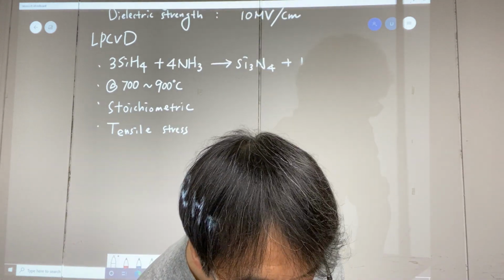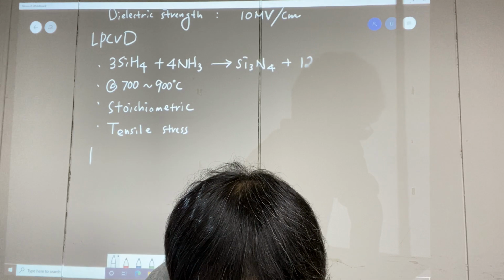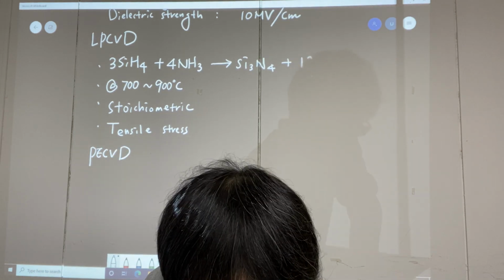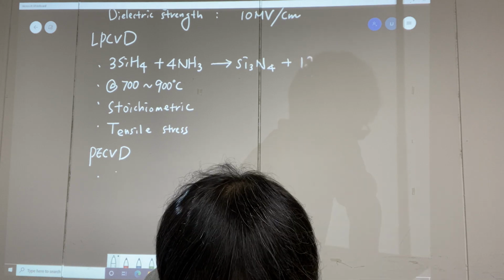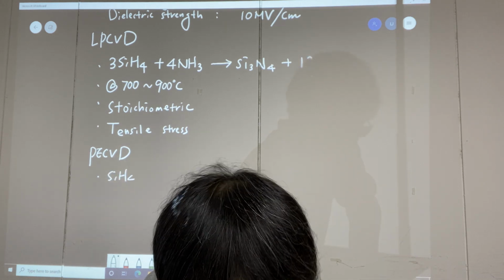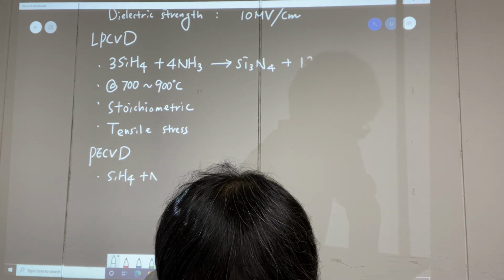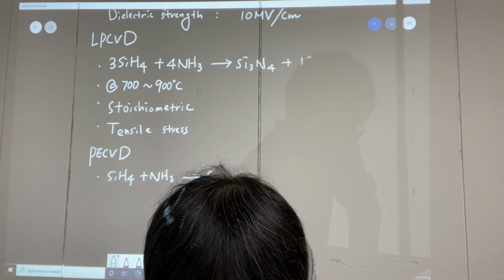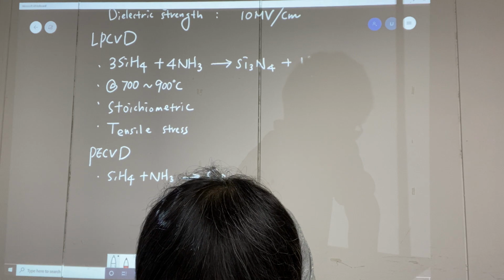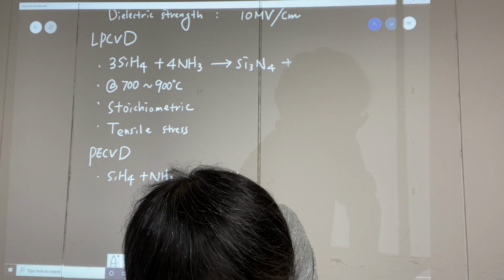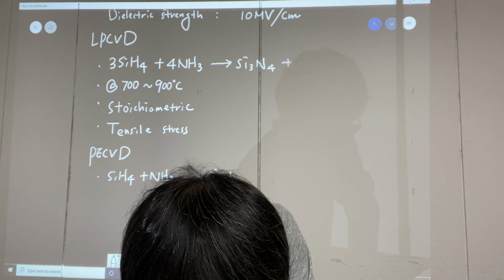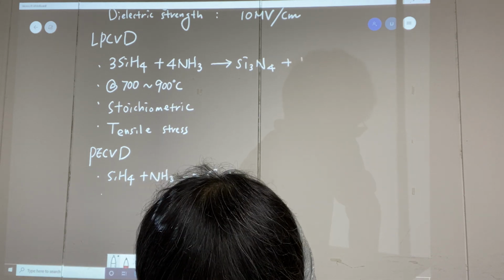And you can also use PECVD to obtain silicon nitride. In this case, the chemistry is slightly different. You're going to end up with non-stoichiometric silicon nitride, something like SiNH. So it's not really pure silicon nitride. It's non-stoichiometric.